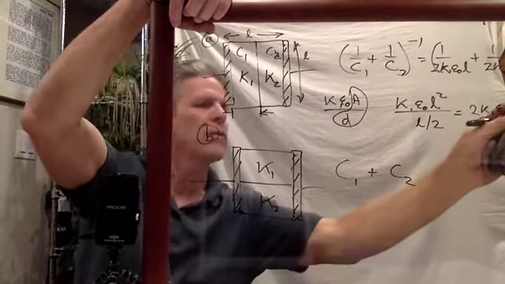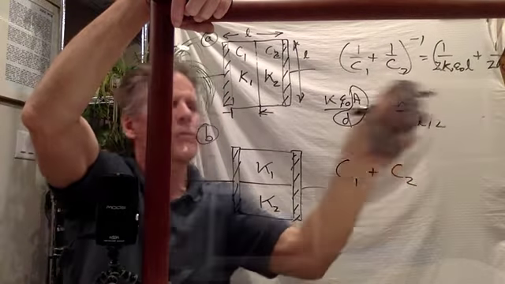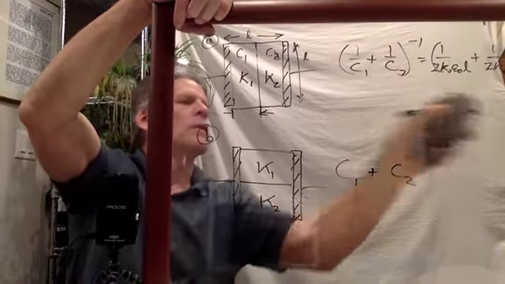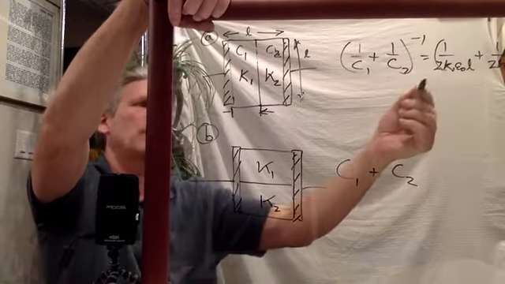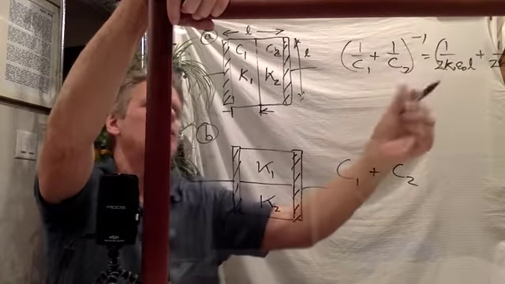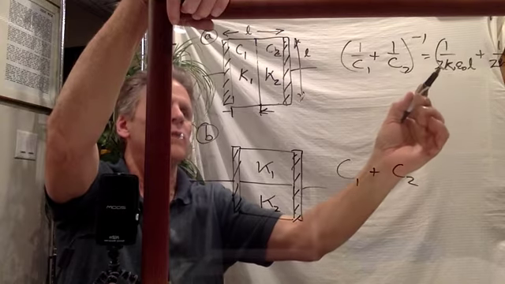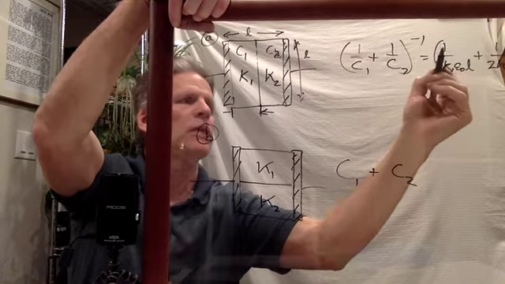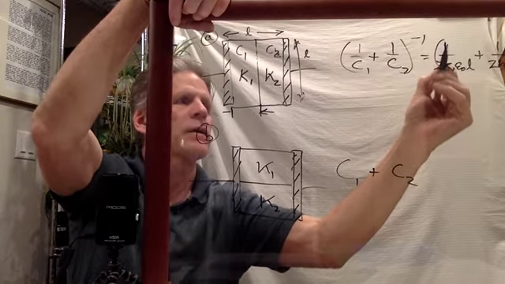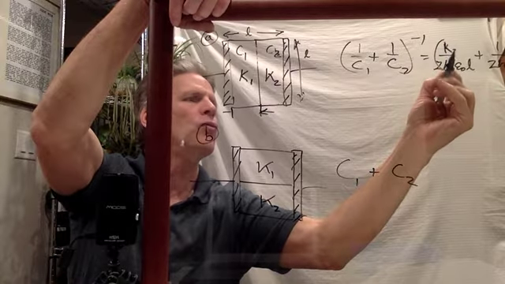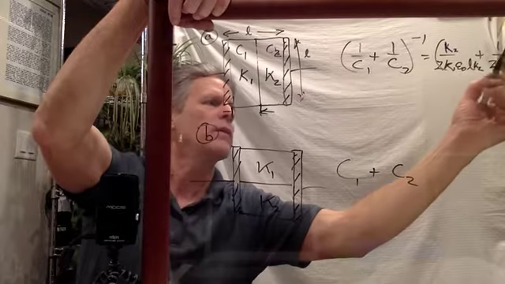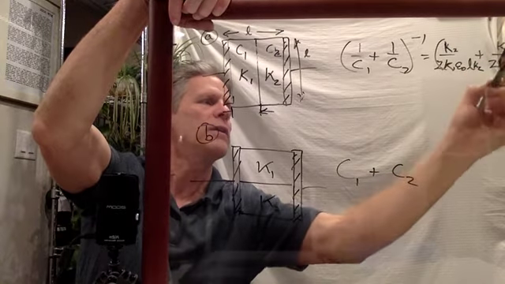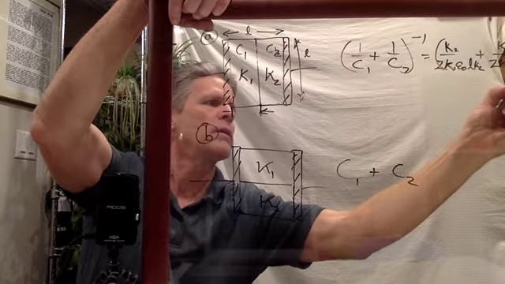Well, in order to add those things, we just need to make certain we have the same denominator. The only thing we need is to multiply this one by kappa 2 over kappa 2, and this one by kappa 1 over kappa 1.